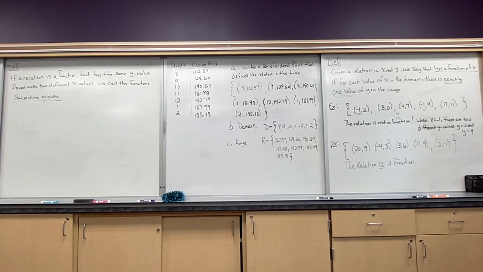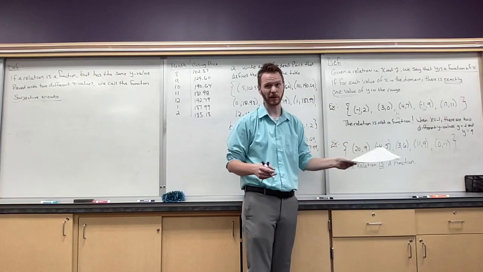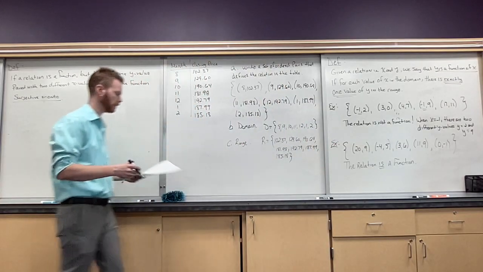Okay, so we've heard the words onto function before. I'm just throwing in a new vocab term, so surjective is something that you might see, and that is the same thing as onto. Okay? So, same y value paired up with two different x values. So that means this guy over here would be surjective, because 9 got paired up twice, right? So that's a good example of it.